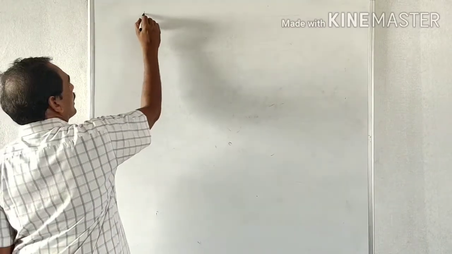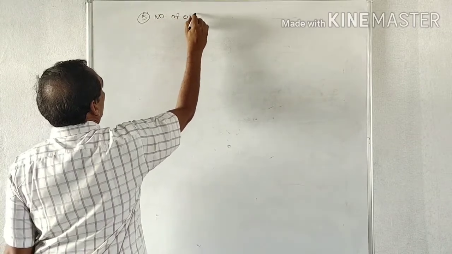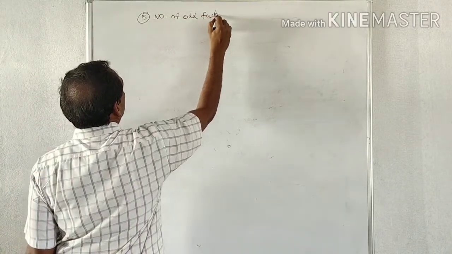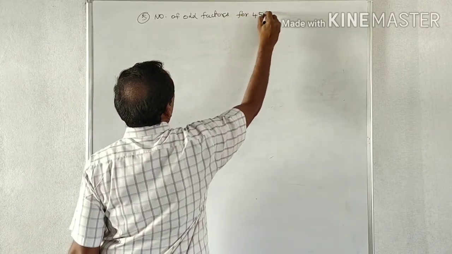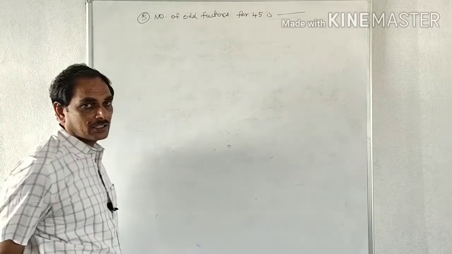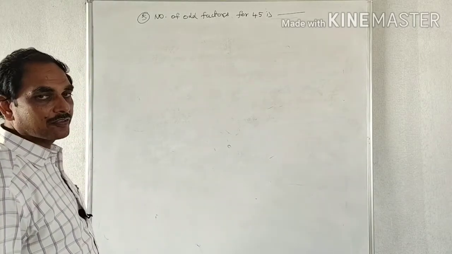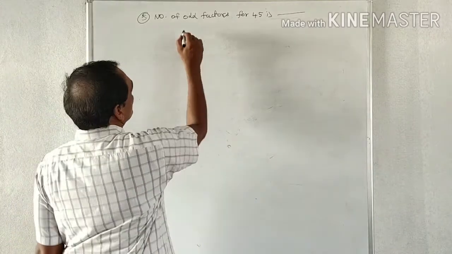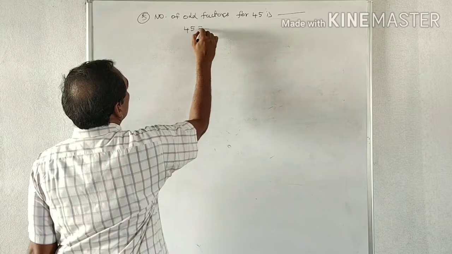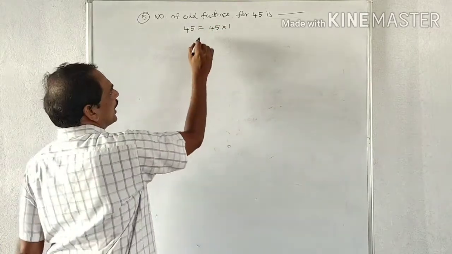Next, the fifth problem: the number of odd factors for 45 is dash. First we find the factors for 45. 45 ones are 45.